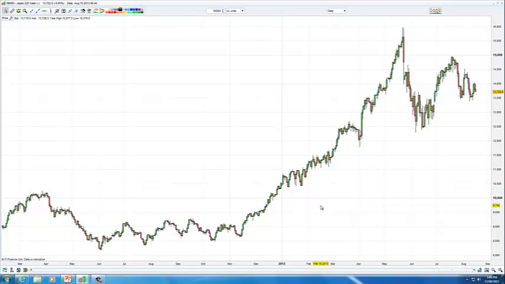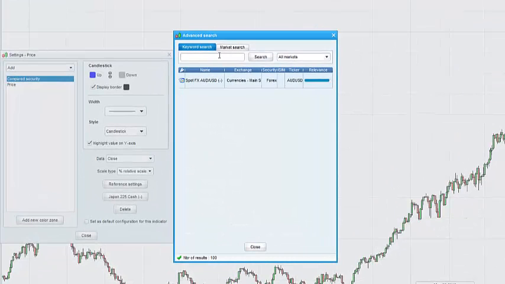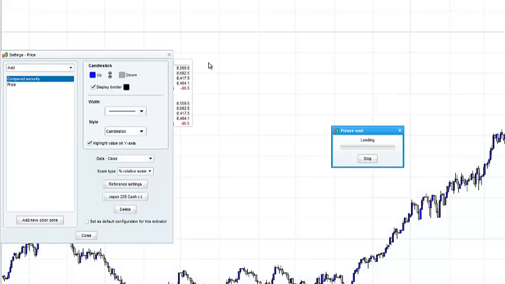If I have a look at the Nikkei, and we're going to look at the correlation this has with dollar yen as I showed you in the chart earlier. Again, we click on compare to security. I type in spot FX dollar yen, and it brings up the predictor.